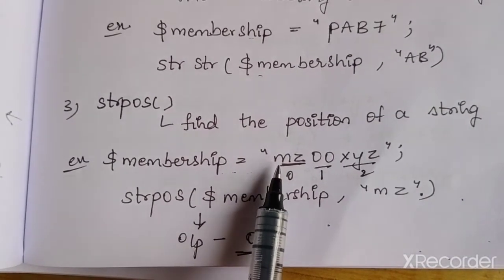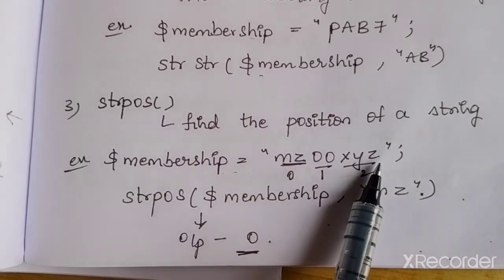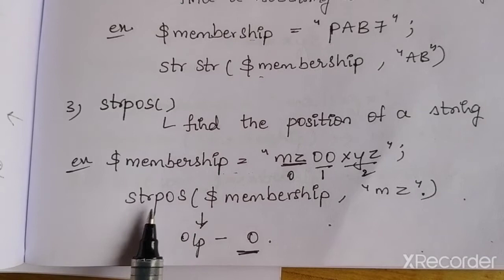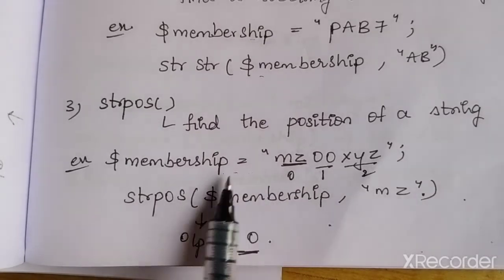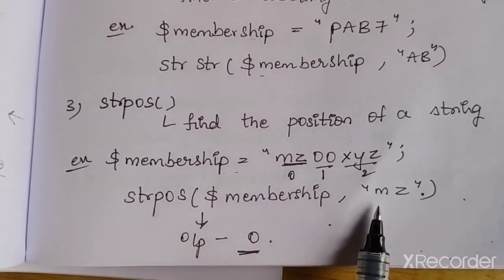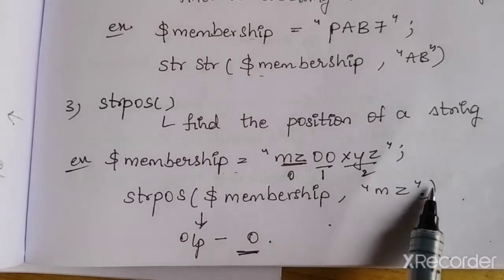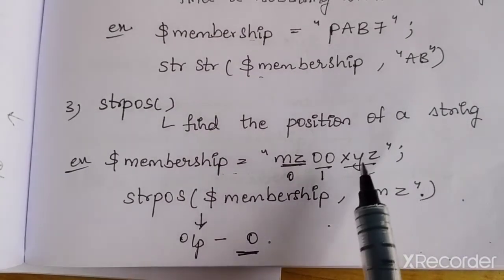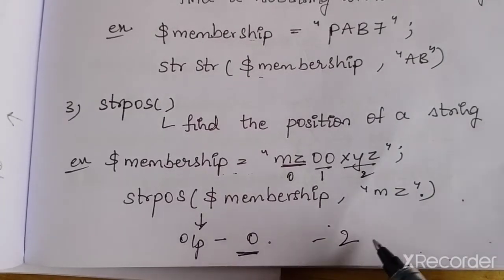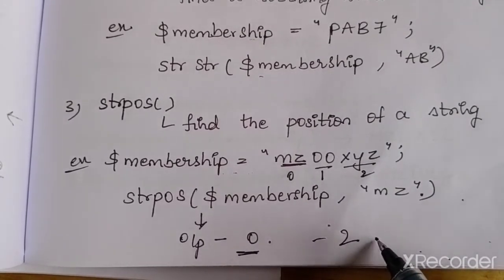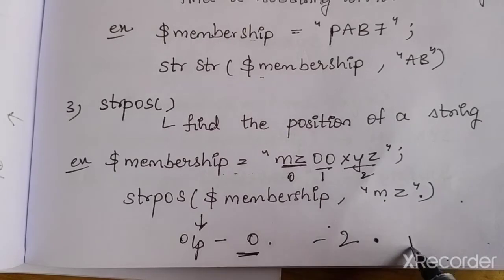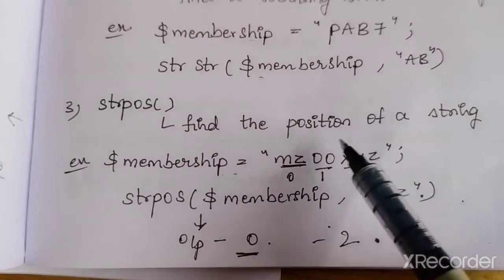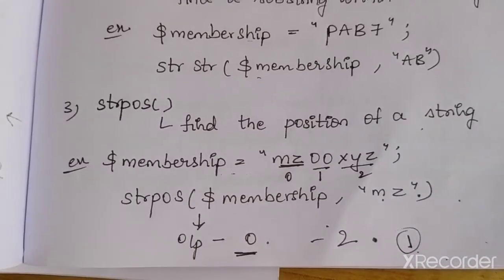If we want to get the position of any substring, we give the function as strpos with the original string and substring. Here the substring MZ position is 0. If you give XYZ, then the output will be 2. If you give 00, the output will be 1. It is used to find the position of a string.